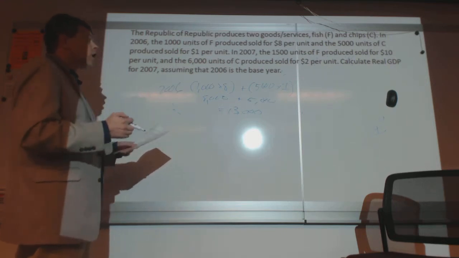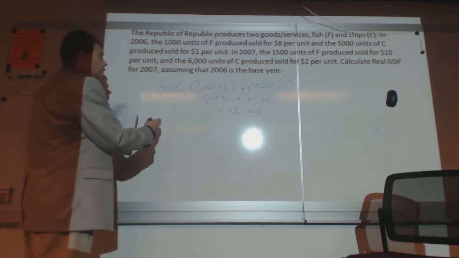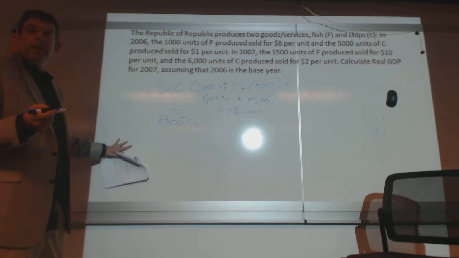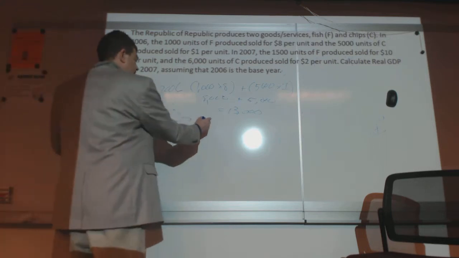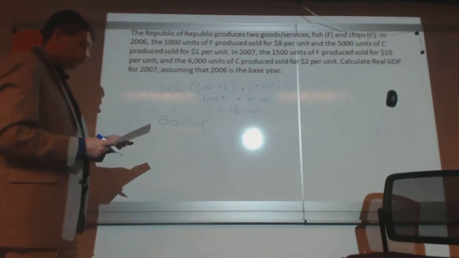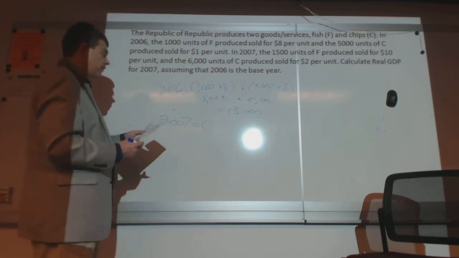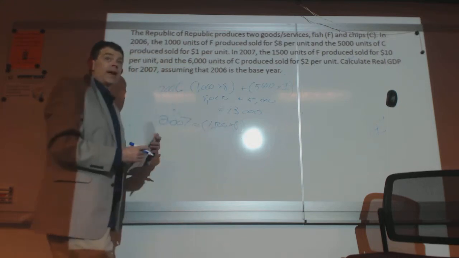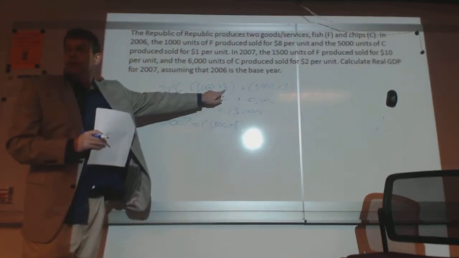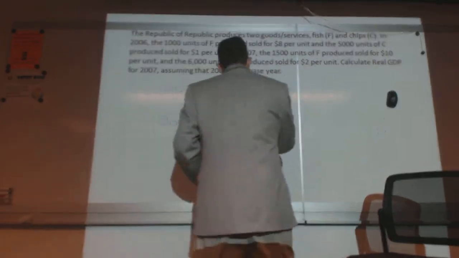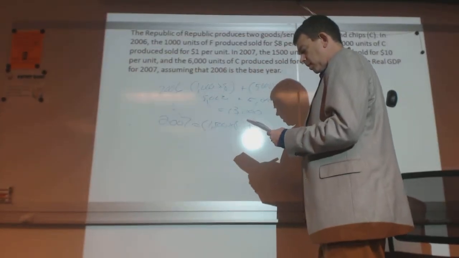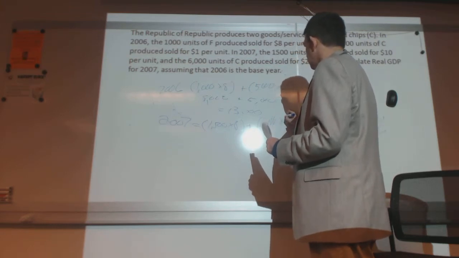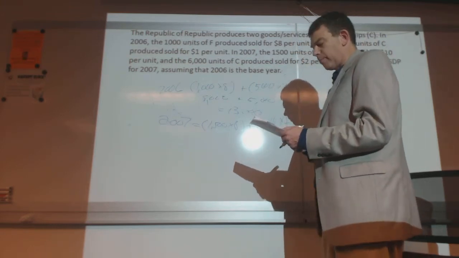So, if I wanted to know in 2007 what was real GDP, here's what I would do. Again, I use the new production figures because in 2007 I had 1,500 units of fish, okay? But I go back and use my original $8. I also had 6,000 chips sold, and I go back to my original number.